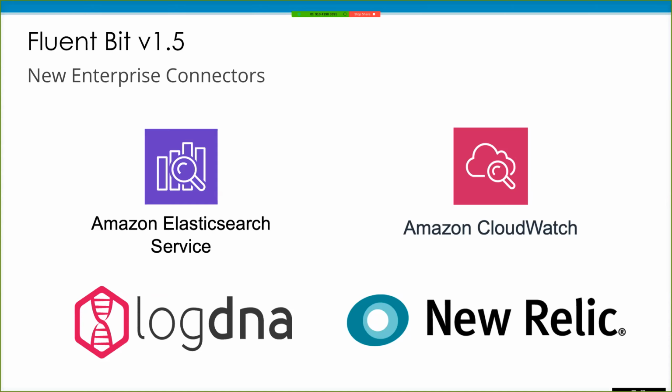So for the Elasticsearch database that is hosted by Amazon, we have full support. Wesley will talk more about it, same as for the Amazon CloudWatch service. And now we also have two new connectors for the logging services provided by LogDNA and New Relic. And actually, we are very pleased to have been working with Amazon, LogDNA, New Relic, Google, Sumologic, and other companies in this period.